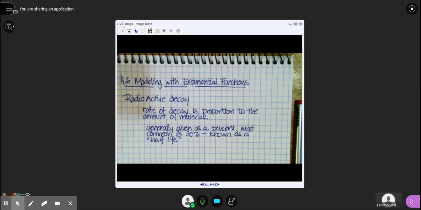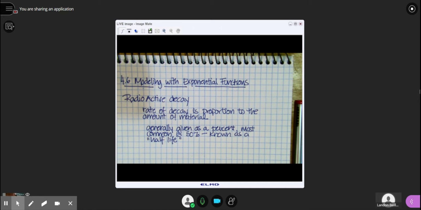Half-lives are used in dating objects because if you can figure out how long it takes for that particular material to go down by half, then you can work it backwards to get a date.